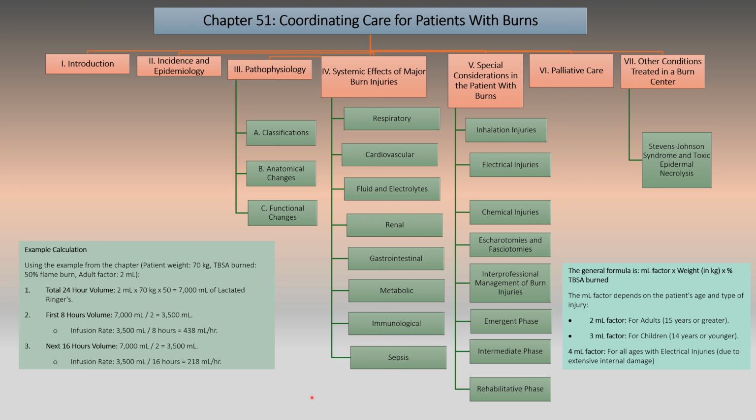Keep in mind that burns are classified by the cause of injury, the depth of the tissue damage, and the total body surface area involved in the burn. The four categories used to define the depth of skin and underlying tissue damage are: superficial, superficial partial thickness, deep partial thickness, and full thickness.